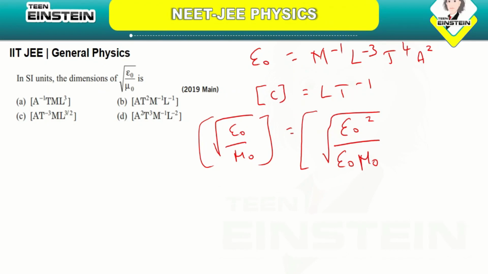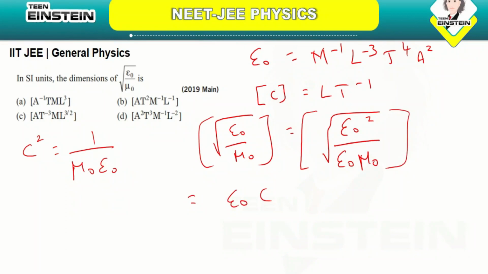Why we are doing this is because we know that c square is equal to 1 by root of mu naught and epsilon naught. So, here you are having 1 by root of epsilon naught and mu naught, the square root. Okay, so that will be c, and epsilon naught square, when you take it out of the square root, it will become epsilon naught c. So, you will be getting it as epsilon naught c.